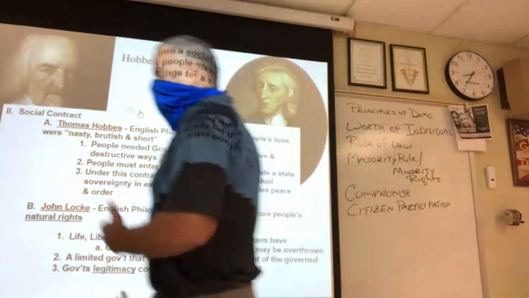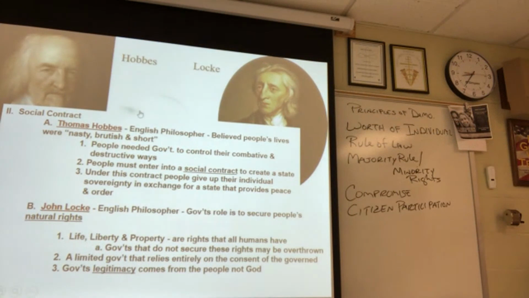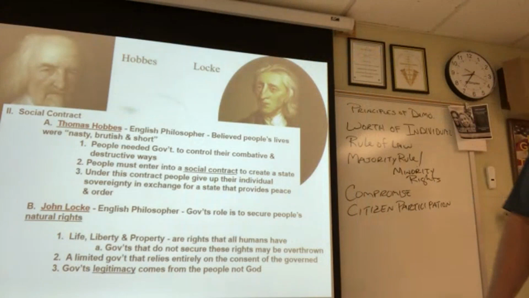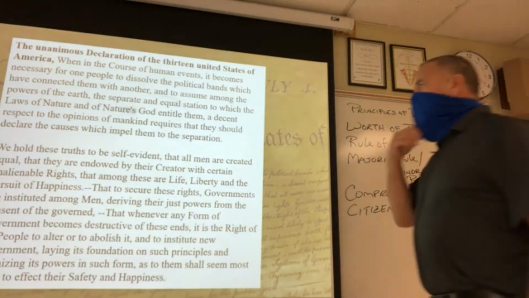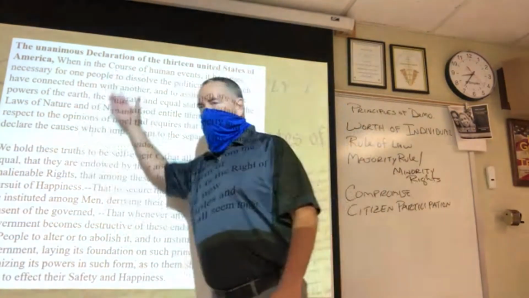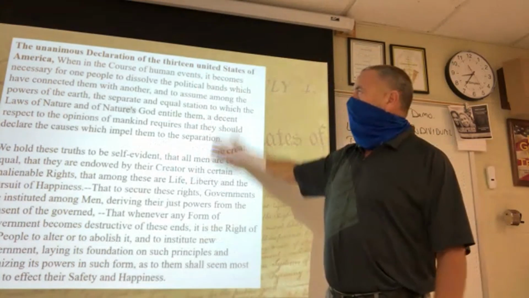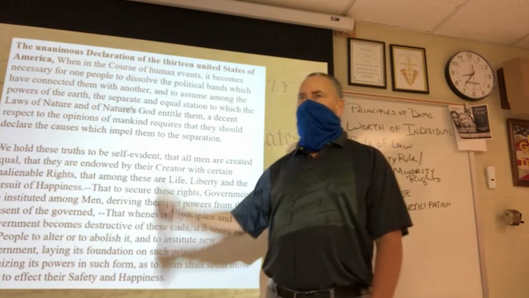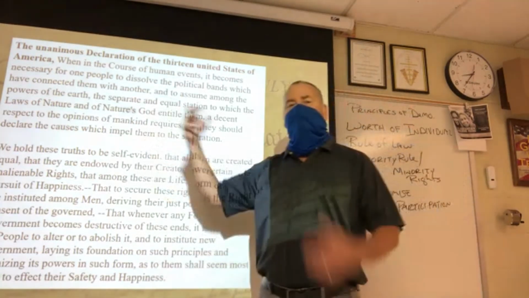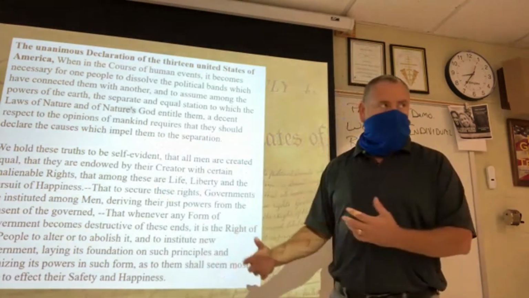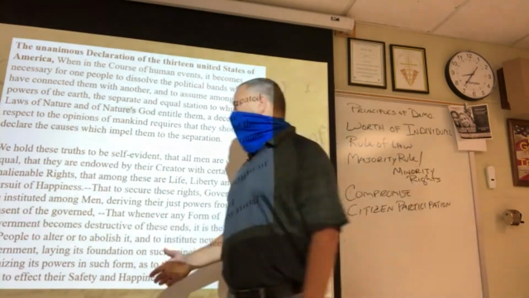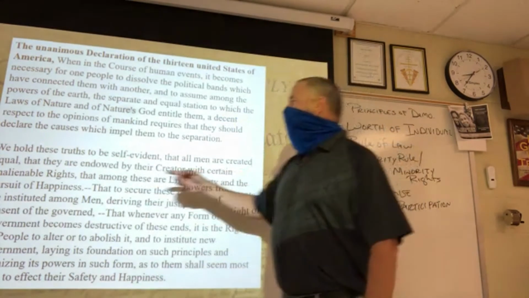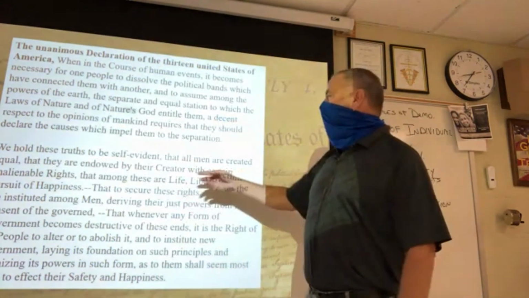So what impact did that have on the Declaration of Independence? Well, if we go to this next slide, who wrote this Declaration? Thomas Jefferson. You might want to mention that. Who studied John Locke? Thomas Jefferson did. Jefferson said that all men are created equal.